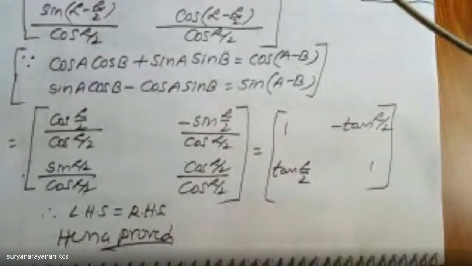Now come to the question number 19. See the question number 19. A trust fund has 30,000 rupees that must be invested into different types of bonds.